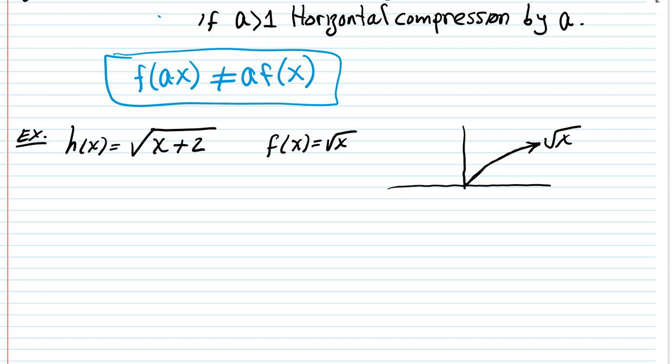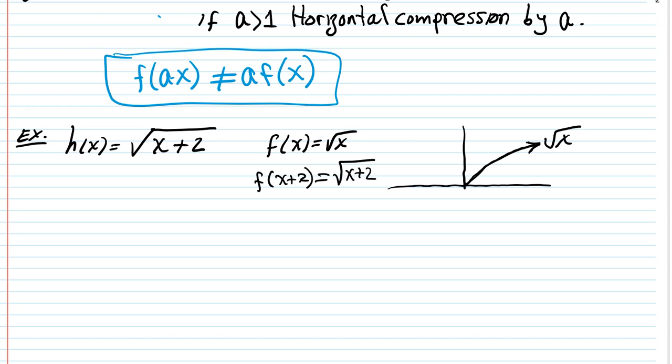Therefore, what I'm looking at here, x plus 2, I can think of this as f of x plus 2, correct? If I look at f of x plus 2, remember we replace x with x plus 2, so you see I get what the function is. That's what h of x is, correct?